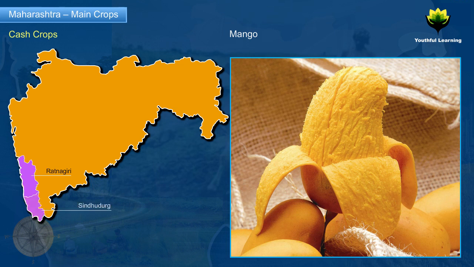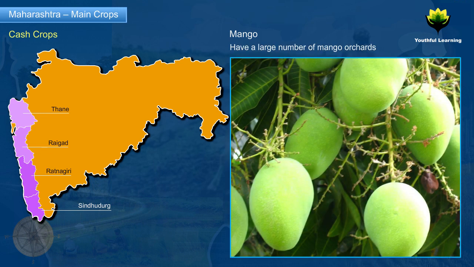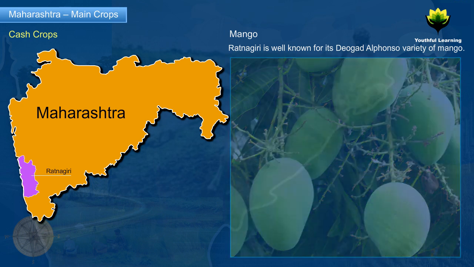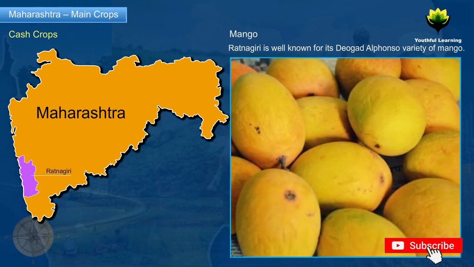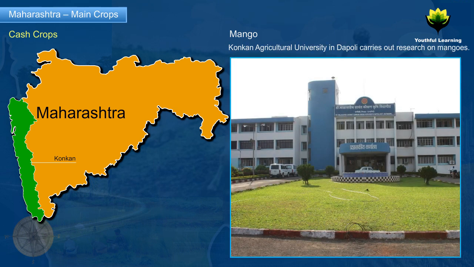Ratnagiri, Sindhudurg, Raigad and Thane districts have a large number of mango orchards. Ratnagiri is well known for its Deogarh Alfonso variety of mango. Mangoes are commercially grown in the Konkan region. The Konkan Agricultural University in Dapoli carries out research on mangoes.